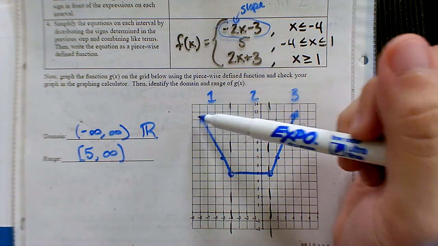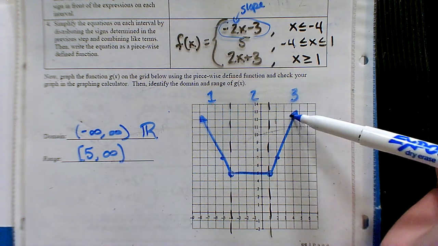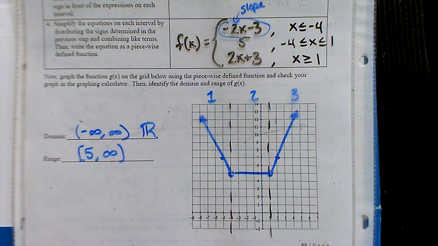Alright, so what I want to do is try to show you how you can get this same graph on your graphing calculator. So if you have one available, go ahead and grab it out. If you don't, you can go ahead and grab one on my door.